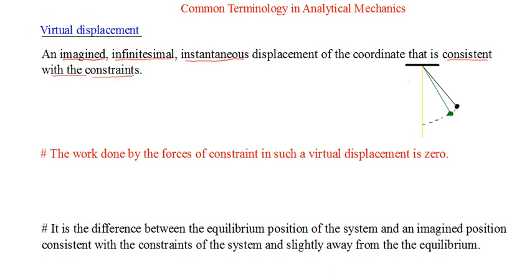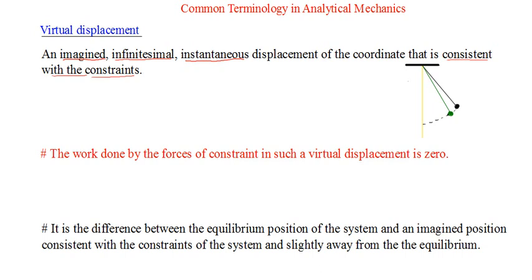Only those displacements are permitted which will not violate any of the constraints that exist in the system. So those displacements which are imaginary, infinitesimal and instantaneous, as well as those which do not violate any of the constraints of the given system, can be regarded as virtual displacement.